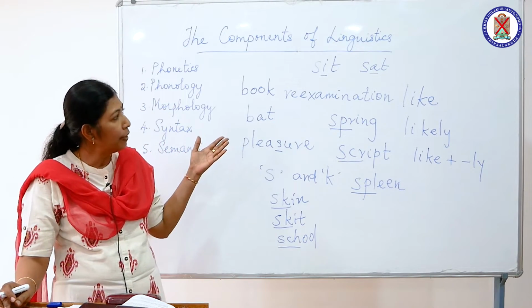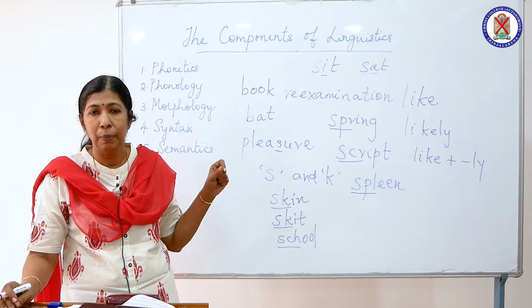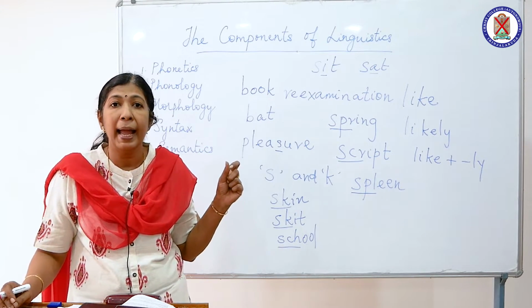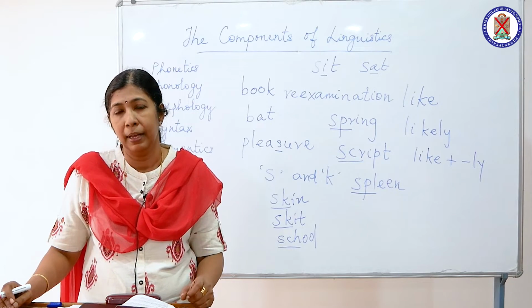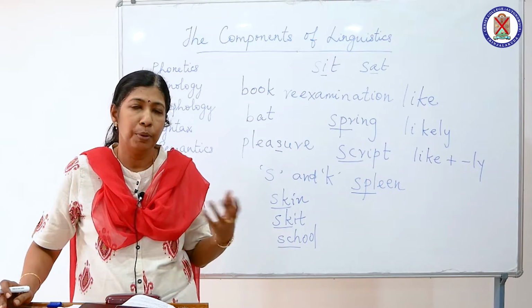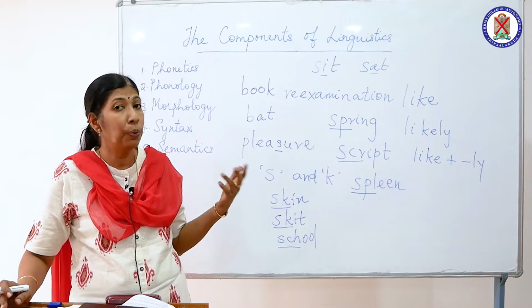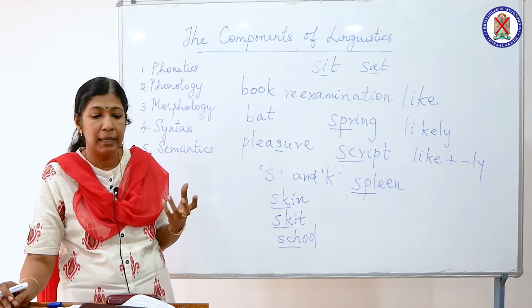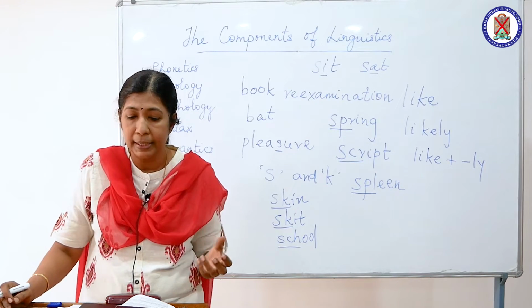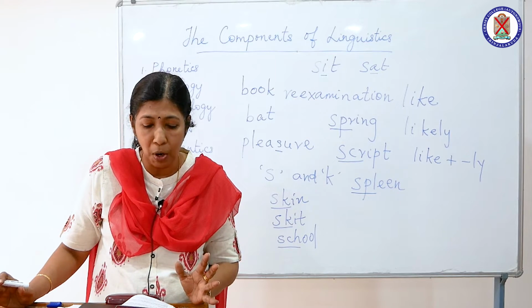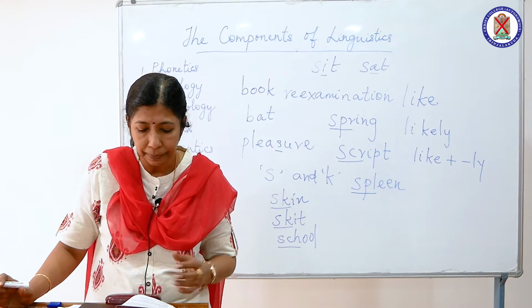The second morpheme, examine, is a verb, and the last morpheme, ation, is a suffix which when added to a word makes it a noun. So morphology is concerned with words and the way in which words can be divided into smaller units.